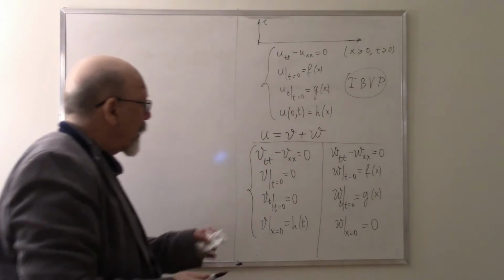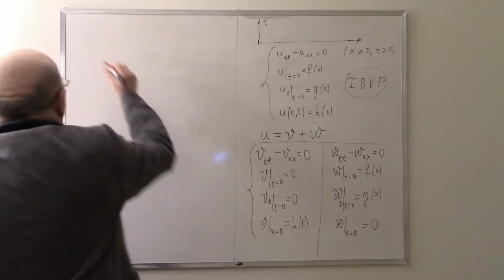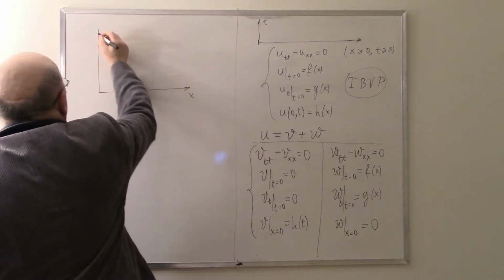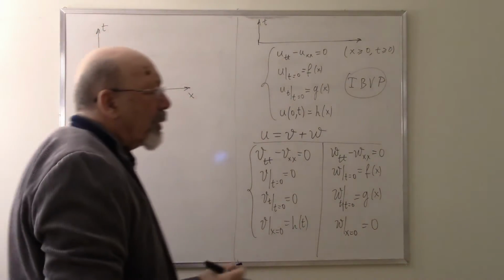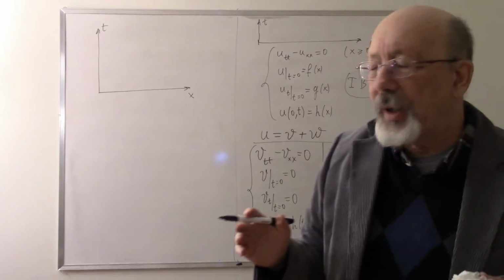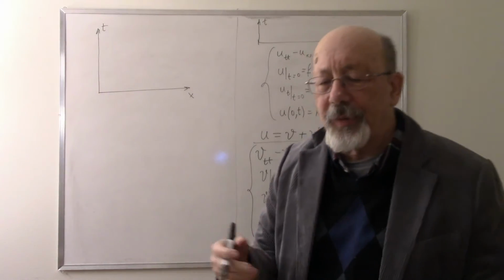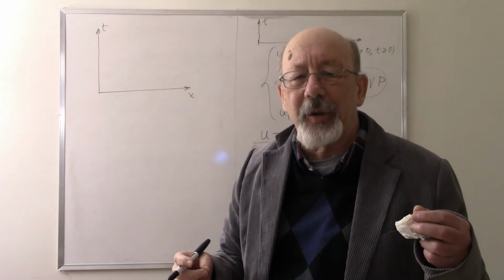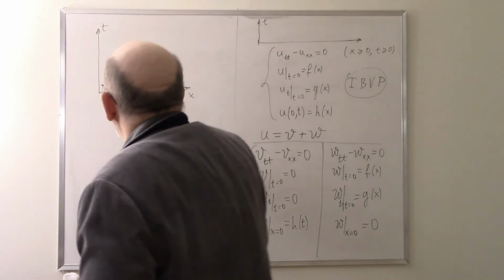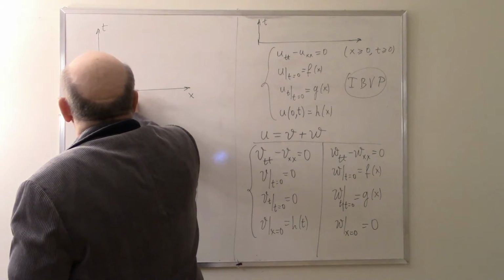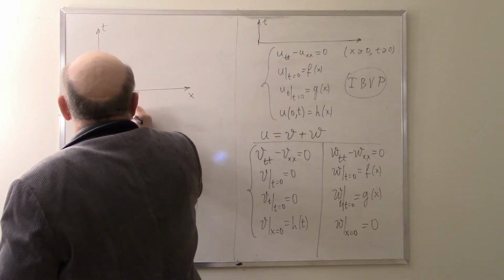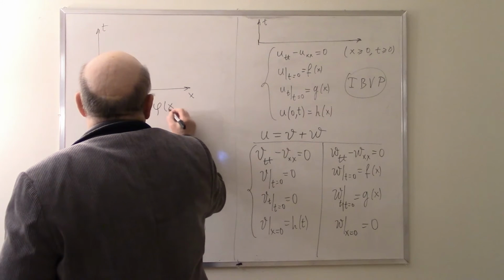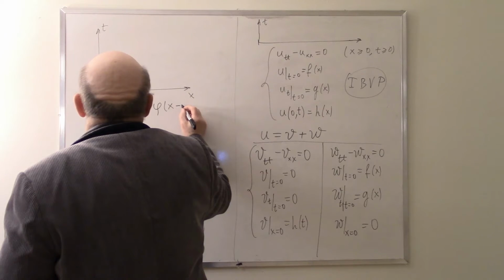So first, for v of x, t. We know that every solution of the string equation has the form of one function of x plus t and another of x minus t. And we just guess that this function has the form v of x, t equals some function phi of t minus x.